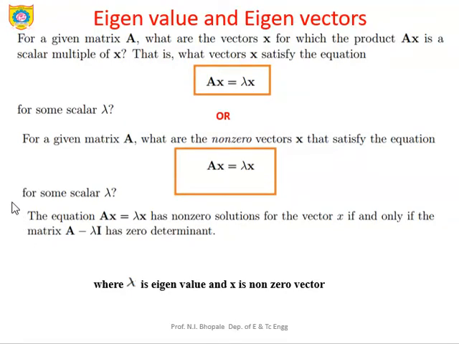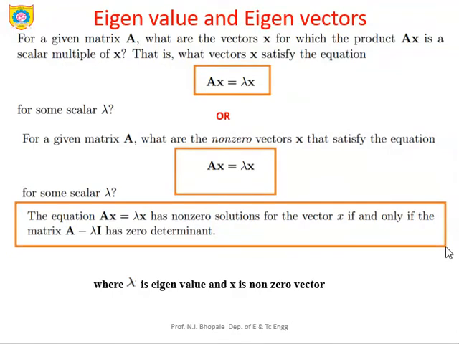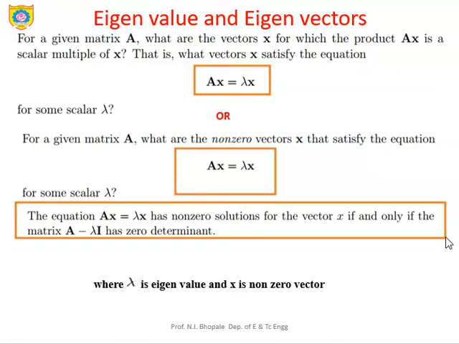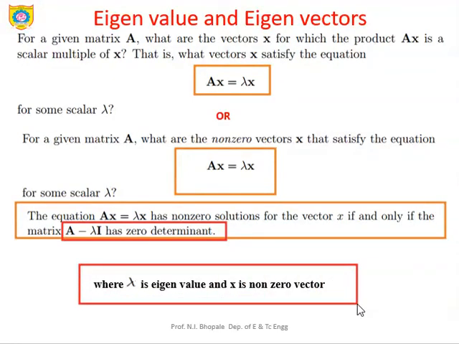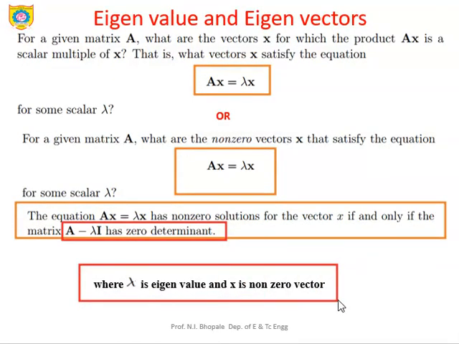The equation Ax = lambda x has non-zero solutions for the vector x if and only if the matrix A minus lambda I has zero determinant. This is another required condition: A minus lambda I must have zero determinant, where lambda is the eigenvalue and x is a non-zero vector.